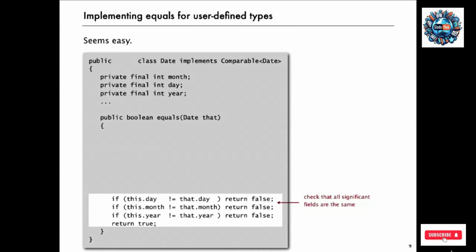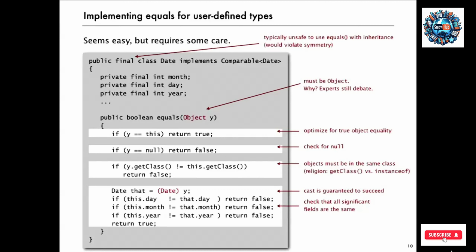That seems as if it should work, but it doesn't have all the characteristics that we need in a Java implementation. So all of this code in red shows a model for what you might do if you're going to implement equals for your own type of data.